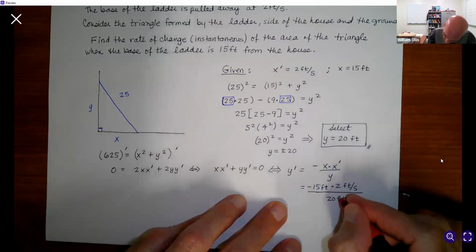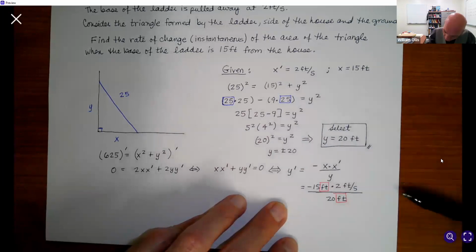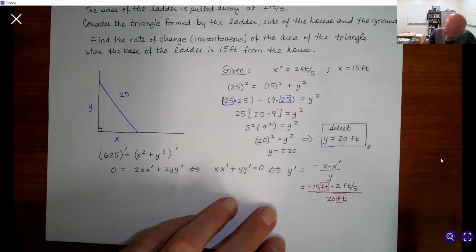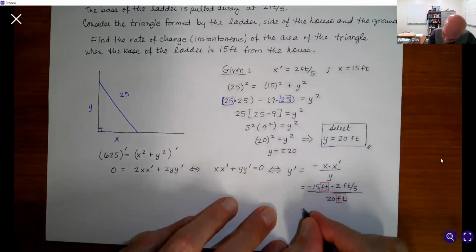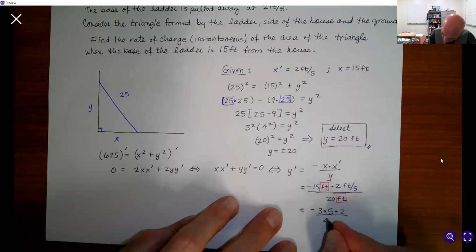So the units work out. 2 copies of the feet are absorbed, and we're left with feet per second. We have the negative, and of course, negative 3 times 5 times 2. And then downstairs, we just have 4.